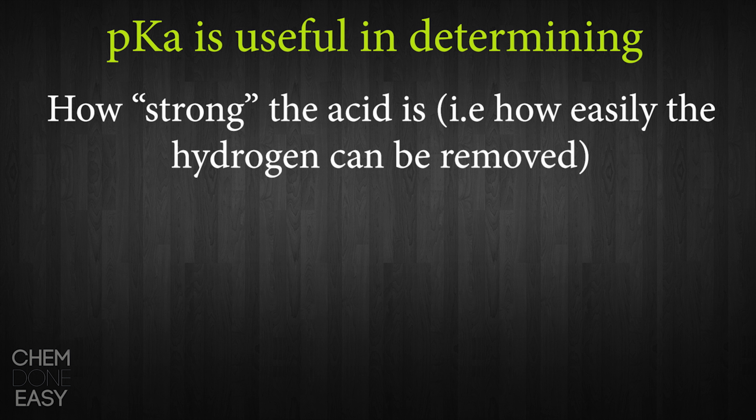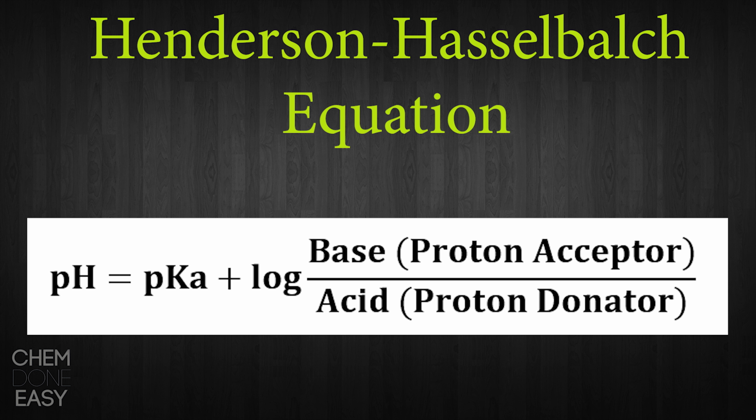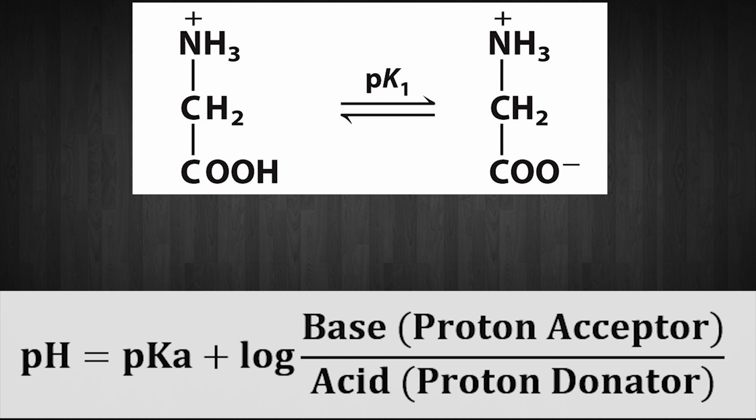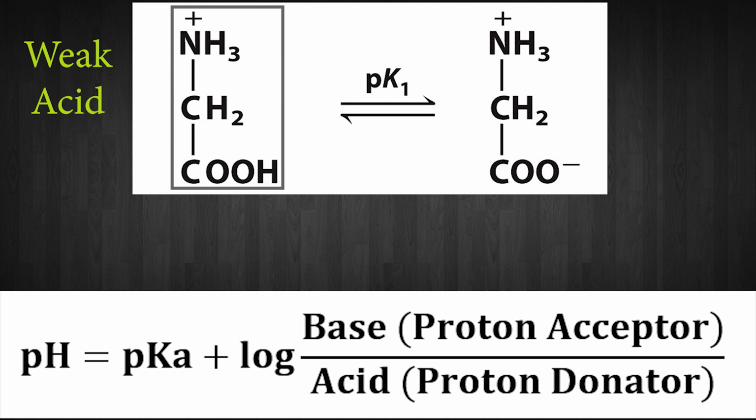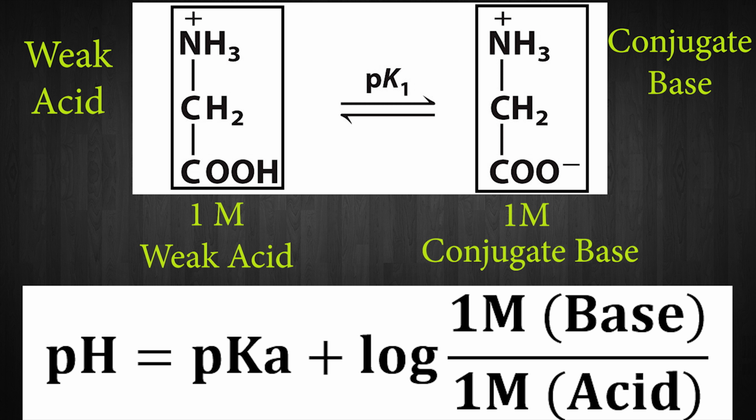Not only is the pKa a good indication of just how strong our weak acid is, but it also tells us what our molecule will look like in terms of its structure, depending on the pH. Now, to explain this a little bit better, we need to have a look at our Henderson-Hasselbalch equation. When the concentration of our weak acid and its conjugate base are equal, we see something interesting happen to our equation.